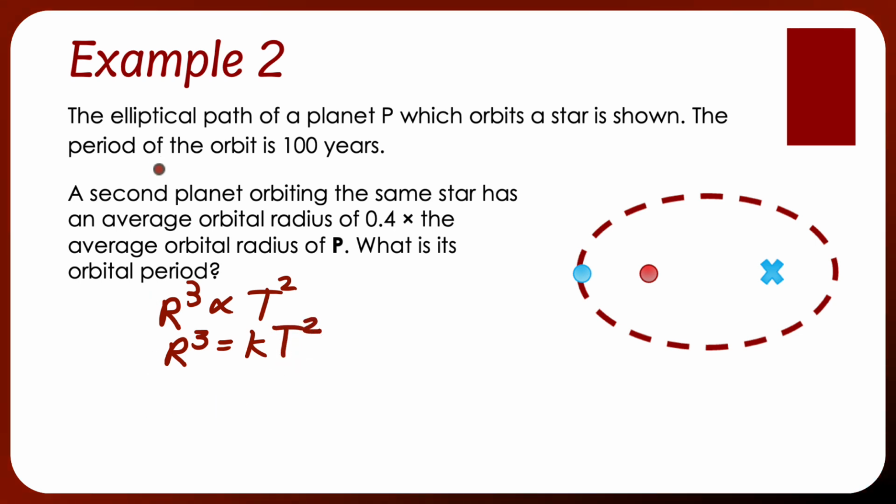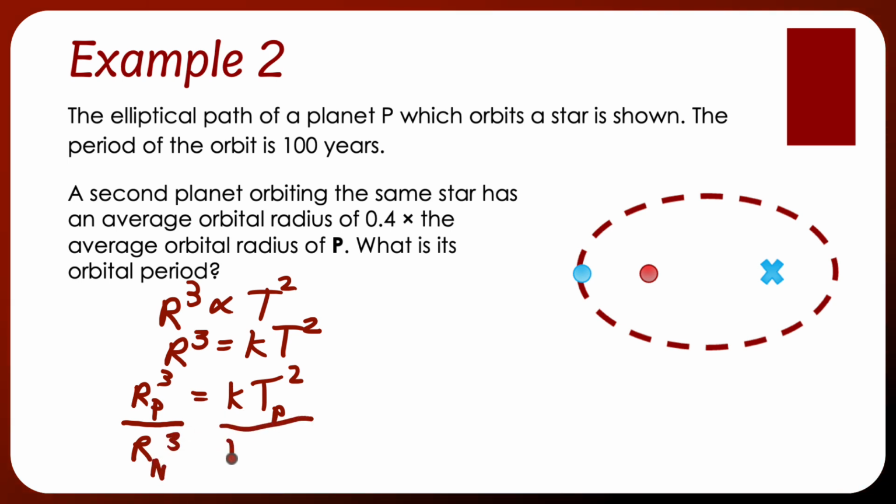Now, I've got 2 planets, and this is going to have to be true. And since we are around the same star, it would have the same constant value here. So let me just make a ratio, because that's what we're going to do between these 2 planets. So if I go r of planet P cubed equals k times the period of planet P squared, and I'm going to just divide it by the equation r, and let's say n is for new.